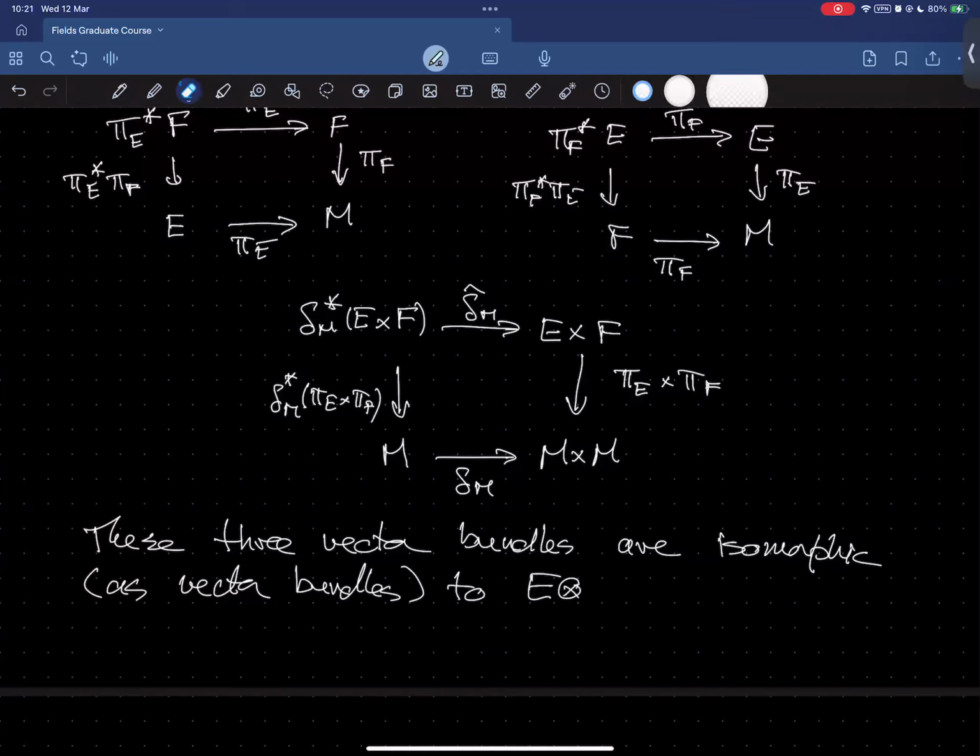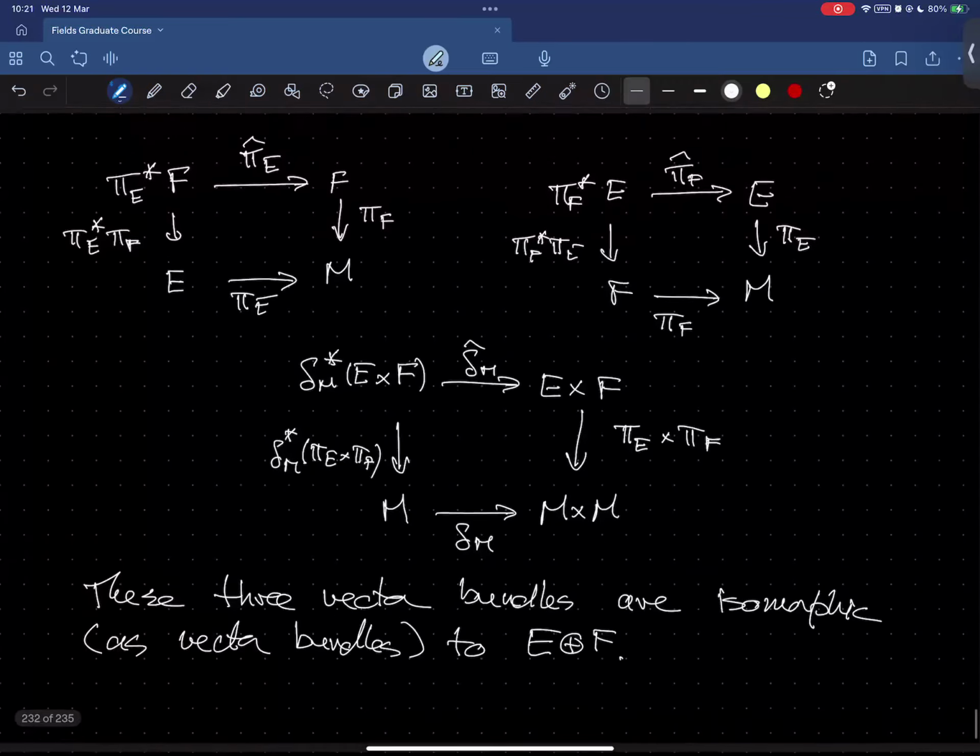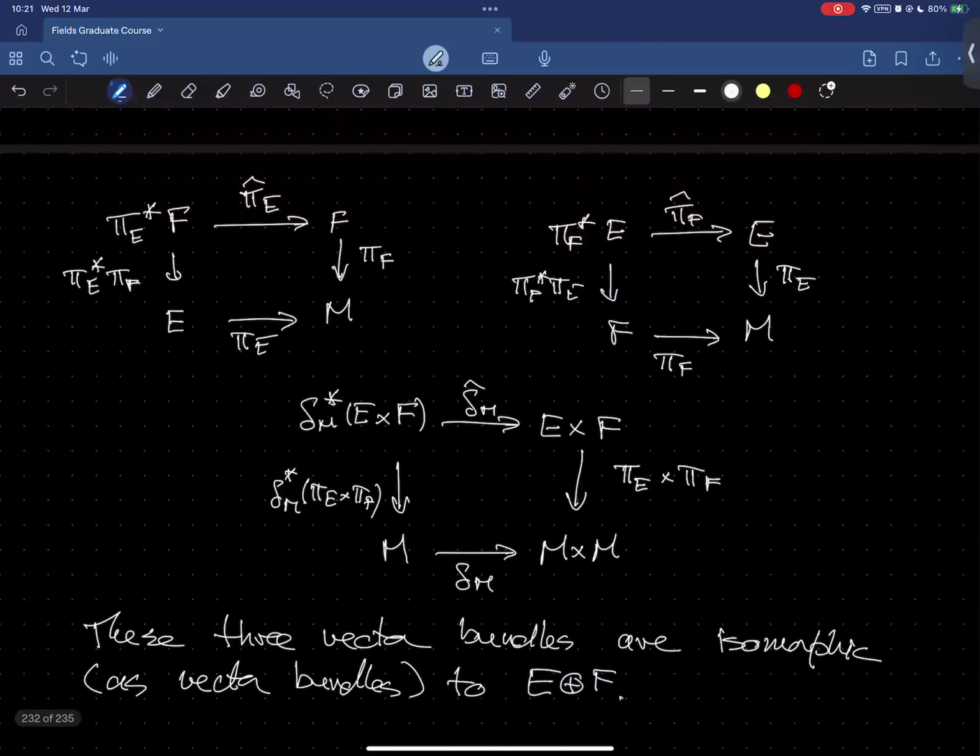Oh, sorry, not tensor product. Okay. All right, so this is four representations of one thing, okay? The thing which we did spend a little bit of time talking about, which is this one.